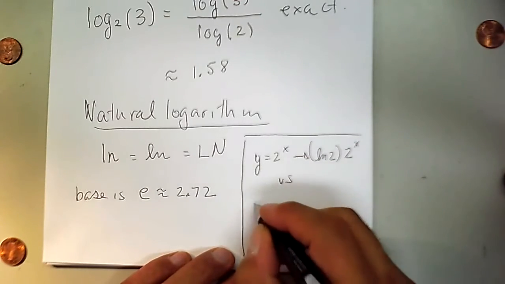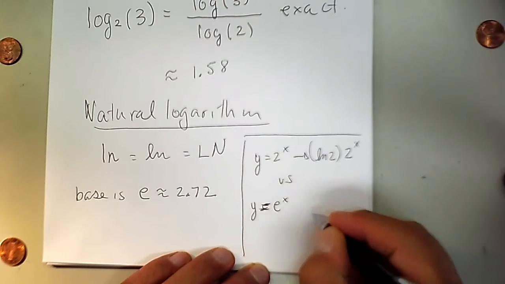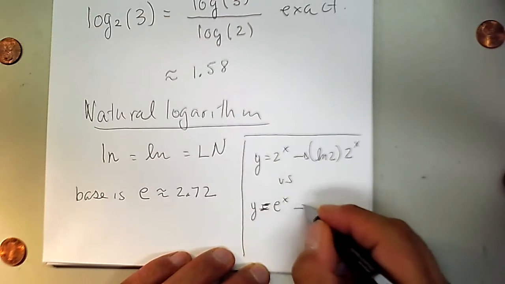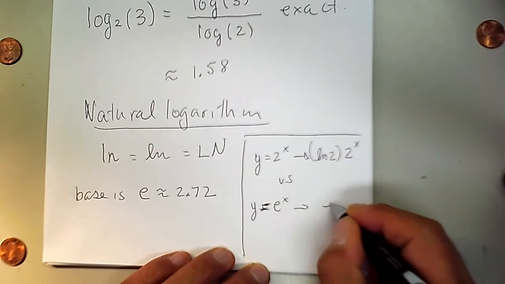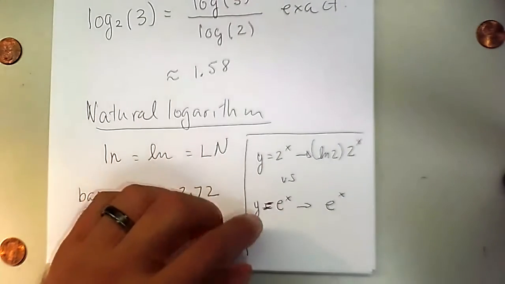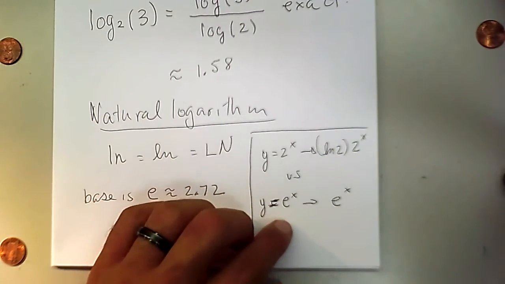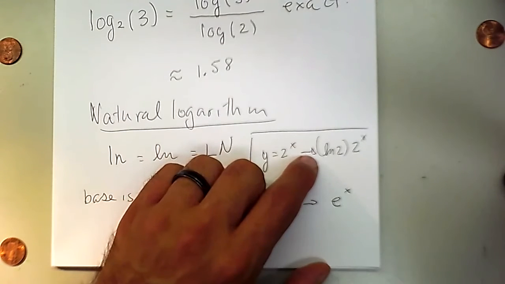Compare that with y equals e to the x. The derivative of y equals e to the x is e to the x. So this is a very clean derivative. It's very smooth. There's nothing to multiply by. Here, it gets more complicated.